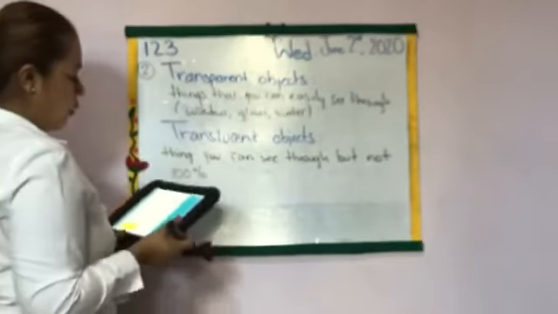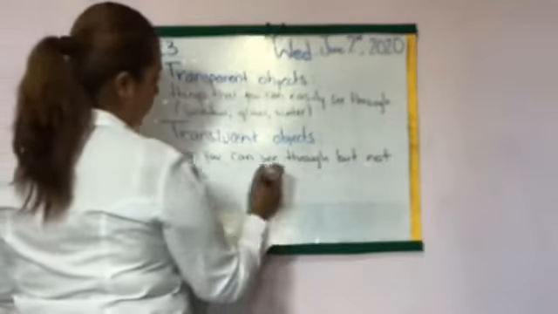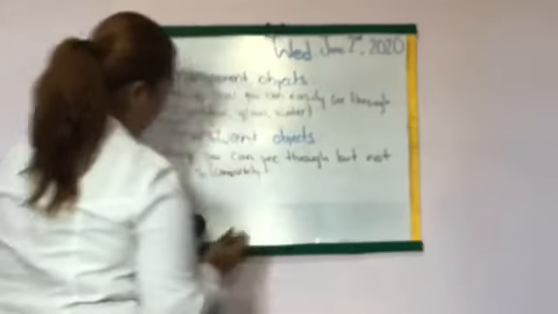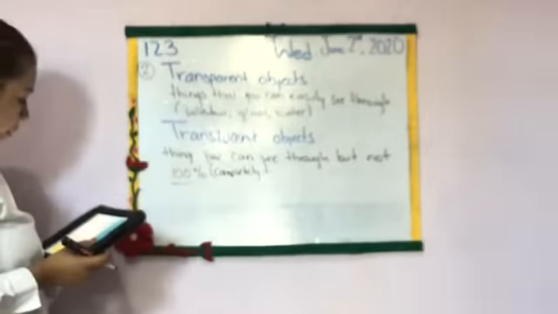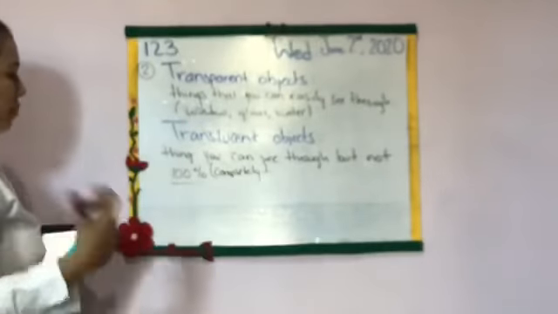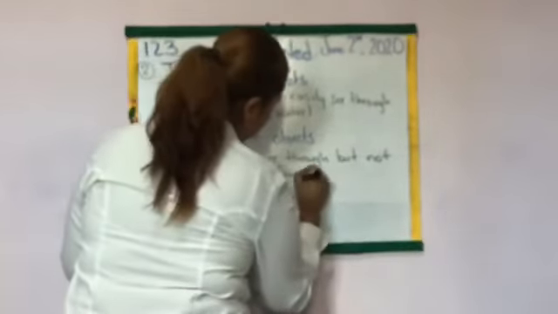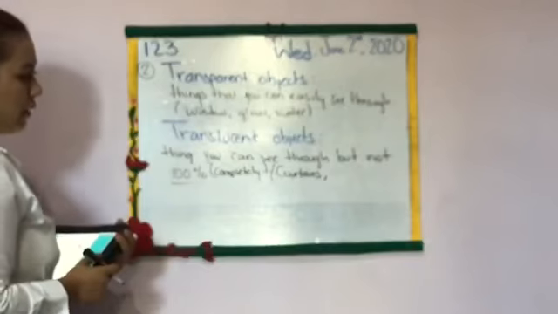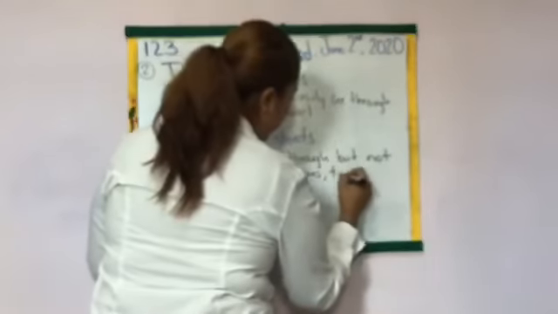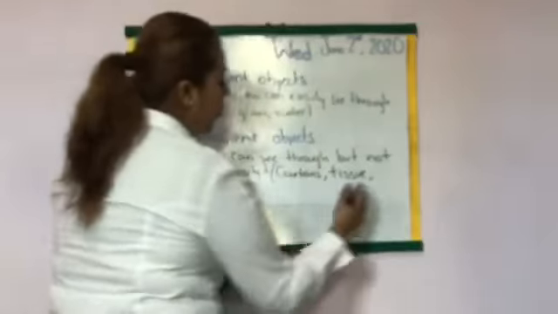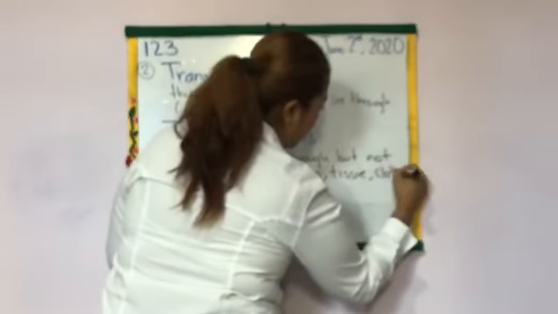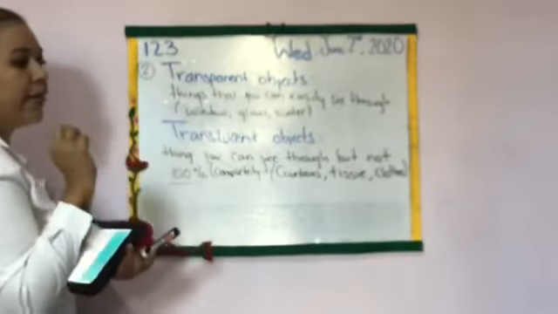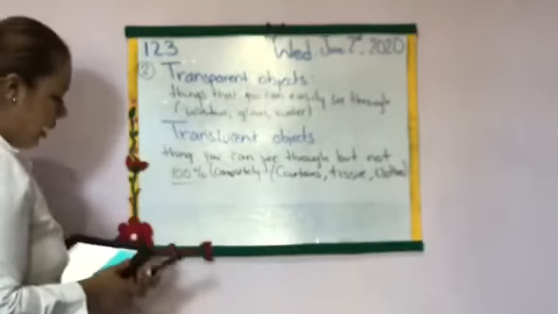That means it's not very clear, not completely. And an example they are giving us is what? They mention a curtain. Curtains, what else? What would be another example for that one? A tissue, clothes. You may see through them, but not 100%, okay? It's not completely clear. That is a translucent.